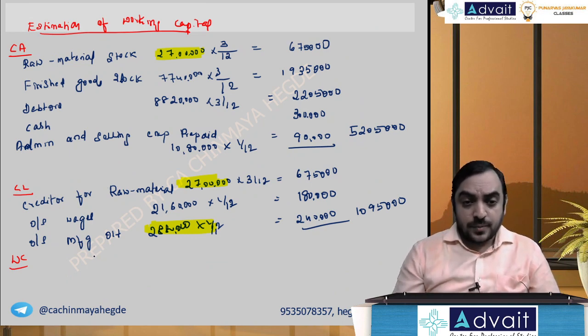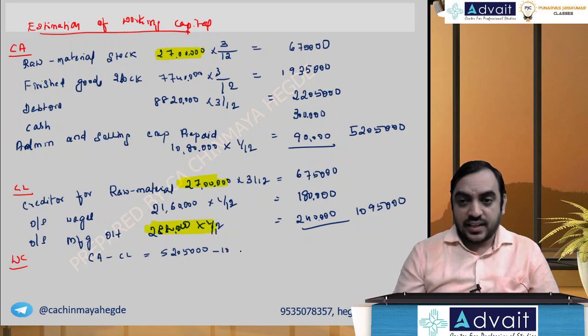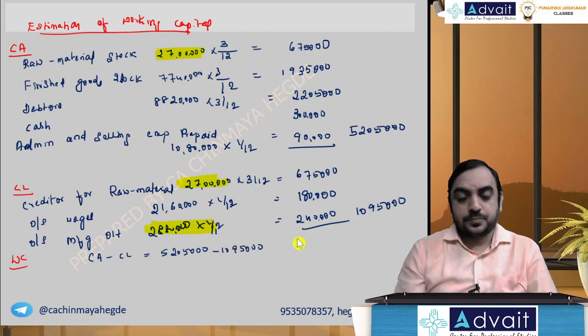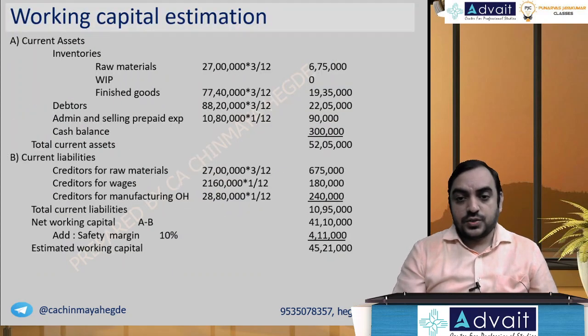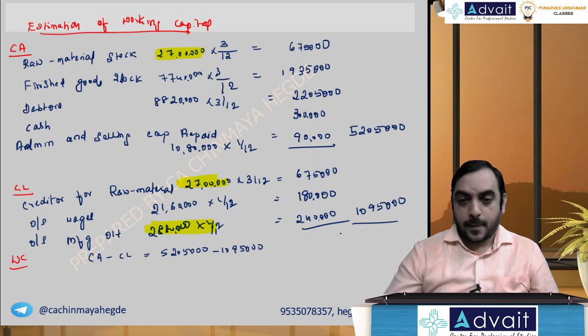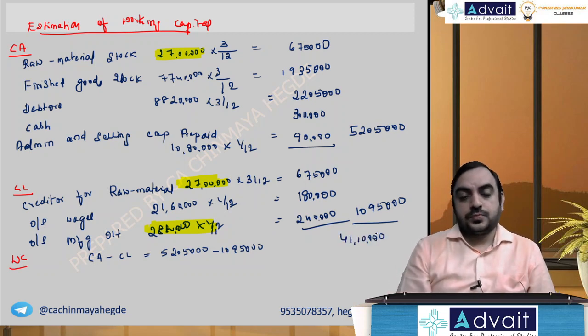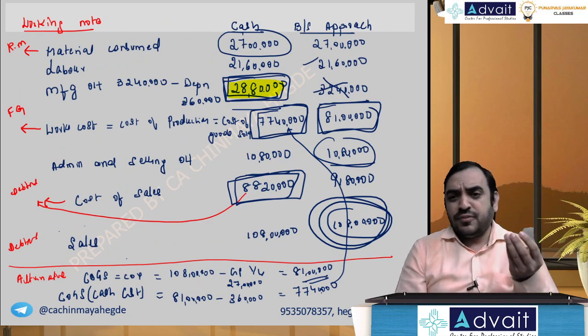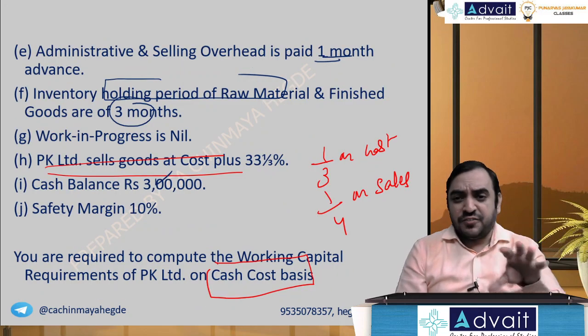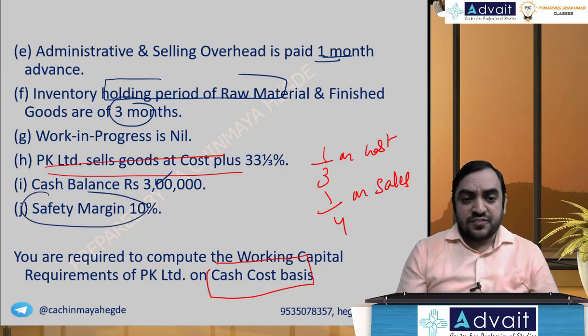Okay, so working capital is current assets minus current liability: 52 lakh 5,000 minus 10 lakh 95,000, that is 41 lakh 10,000. They also set some safety margin because we don't want to have the exact amount. For safety purposes, we'll have a little bit more, a safety margin of 10%.